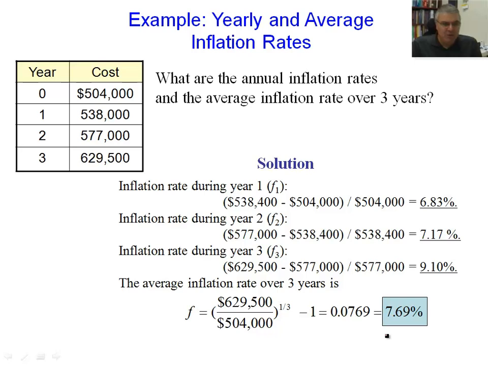In order to calculate it year by year, for the first one, we subtract $538,000 from the 504. Okay, so in this case, we are subtracting that.